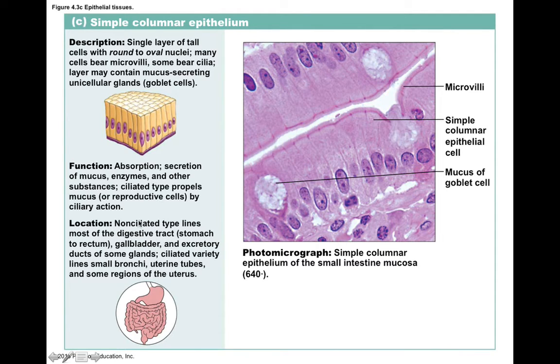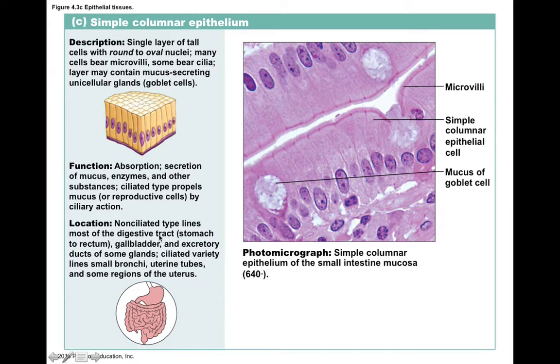The reason you'd want simple columnar epithelium along your digestive tract is that these cells are nice and long, which makes them more protective, but there's still one layer of cells, which means they're still okay at absorption. Now, they might not absorb as fast as simple squamous, but they're also more protective, which is important in your digestive tract versus your lungs.